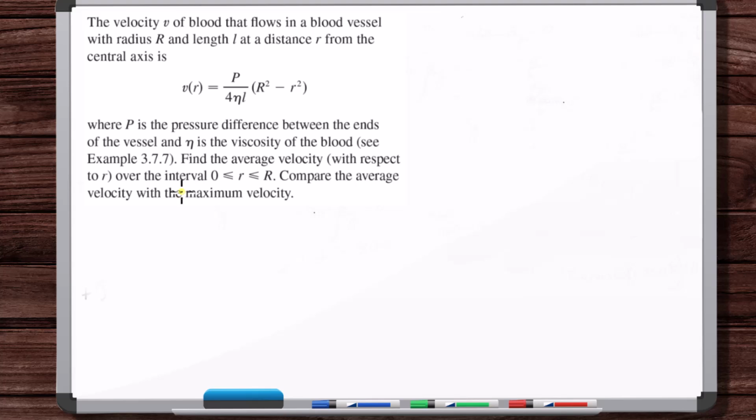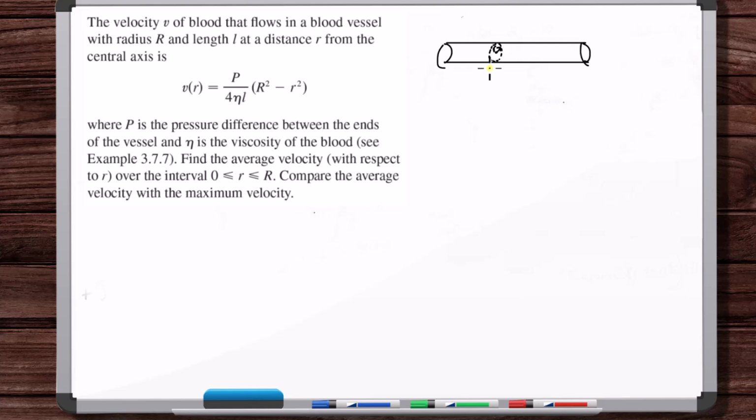All right, so they're saying that you've got a blood vessel here, going from one end to the other, and the velocity of the blood flow is a function of r at each cross section.